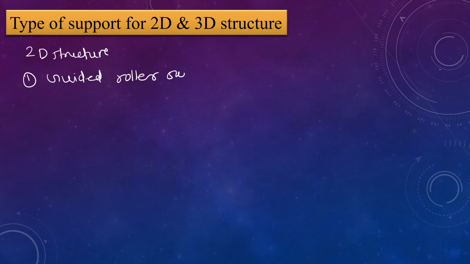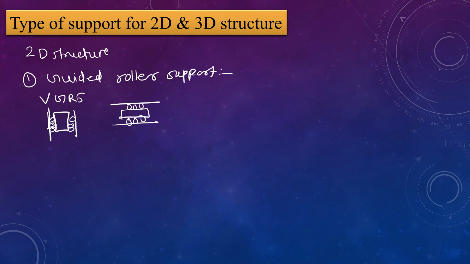The guided roller support in a vertical direction is called a vertical guided roller support, and the second one is in horizontal direction, and this is known as a horizontal guided roller support.